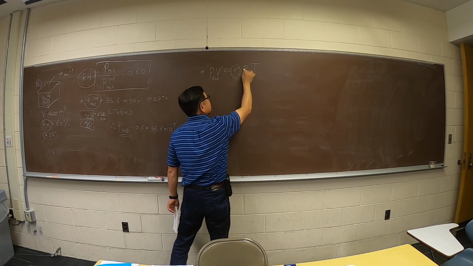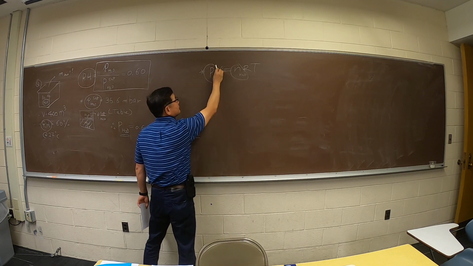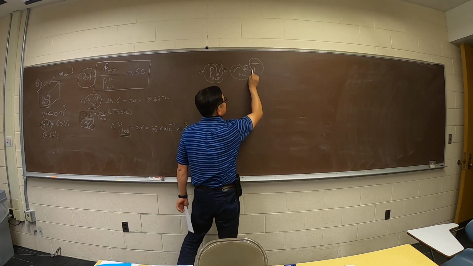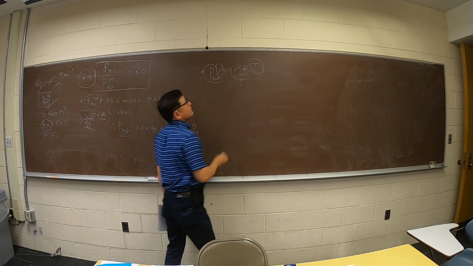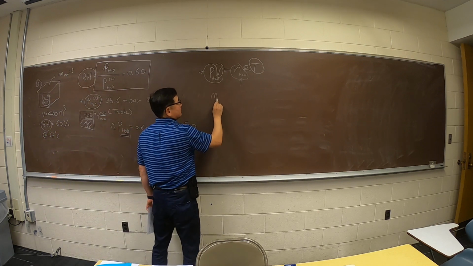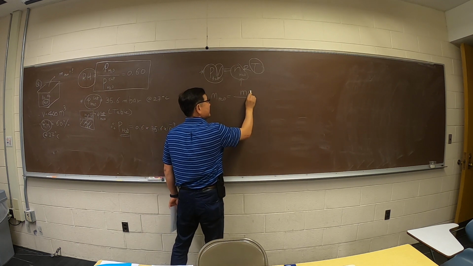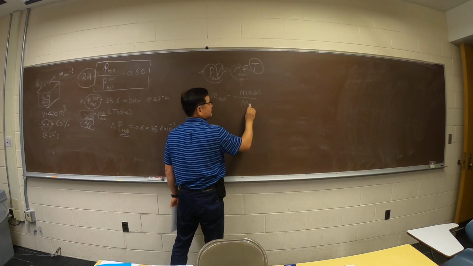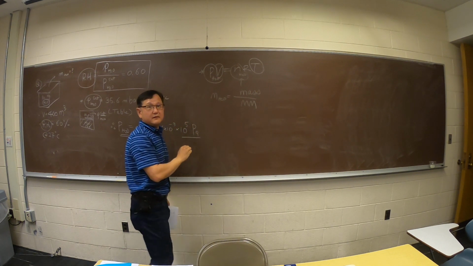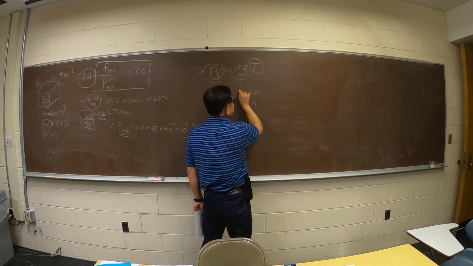So I need to figure out, giving you the partial pressure, giving you the volume, giving you the temperature, you guys can calculate your n, right? Once you know your n, what is an H2O n? Number of moles. So that's the mass divided by molar mass, right? All right. So that's what you need to do, and this is what they want.